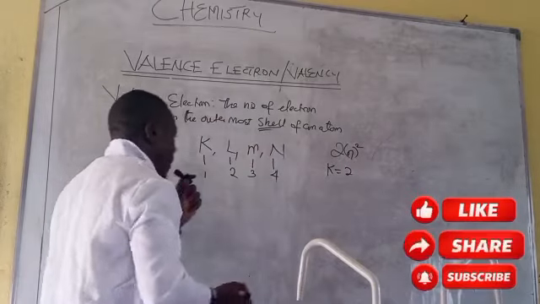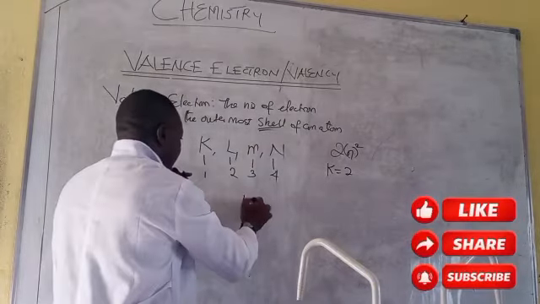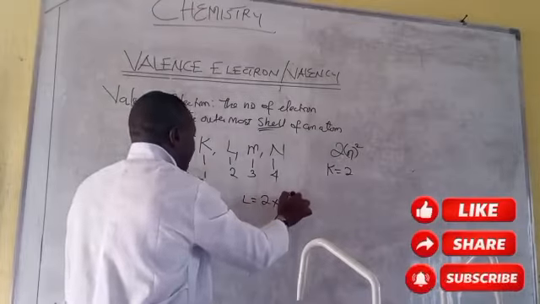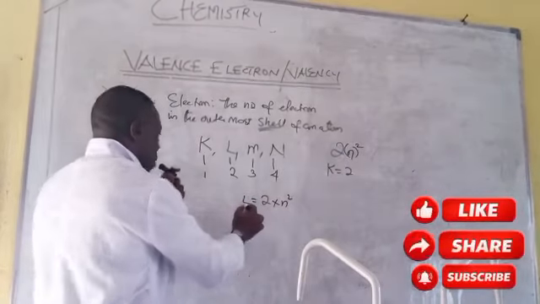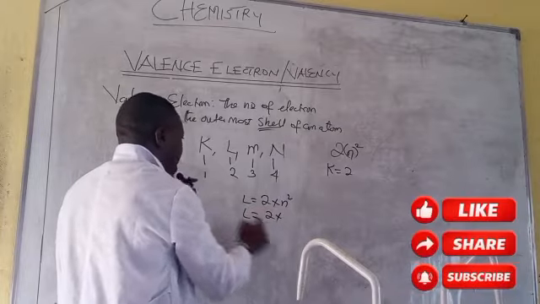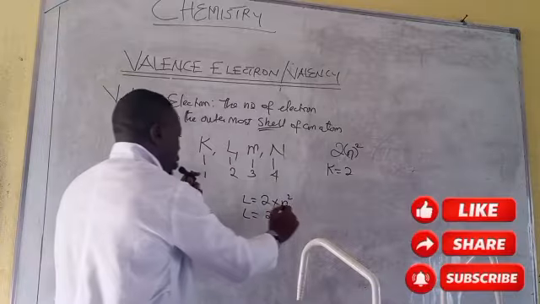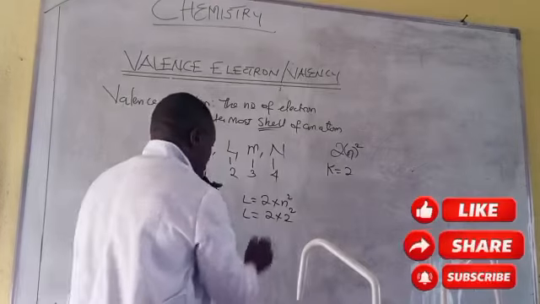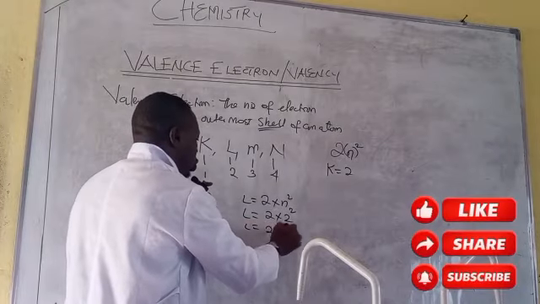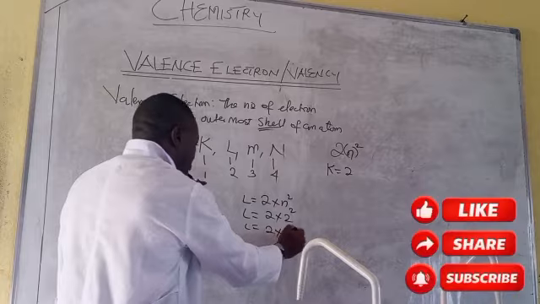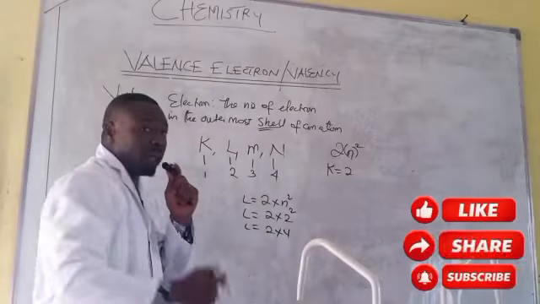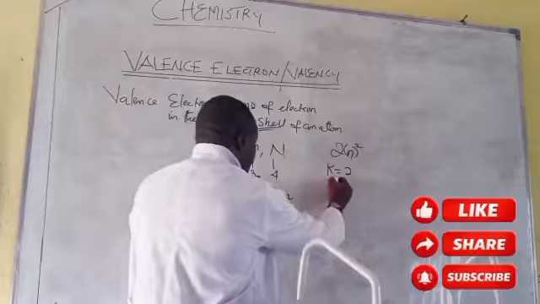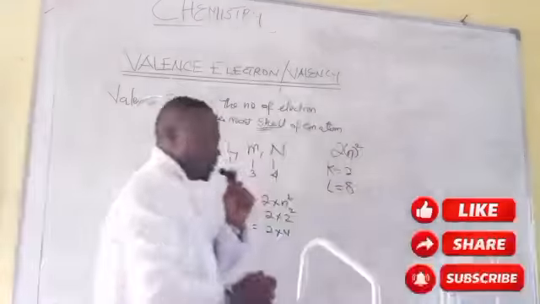Now let's go to L. L equals 2 times n squared, our formula. Then we have L equals 2 times 2 squared, since it is the second shell. What is 2 squared? 4. Now 2 times 4 will give me what? 8. That means the L shell can carry 8 electrons.